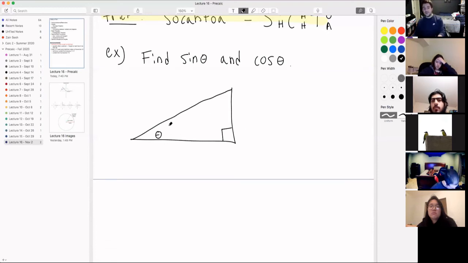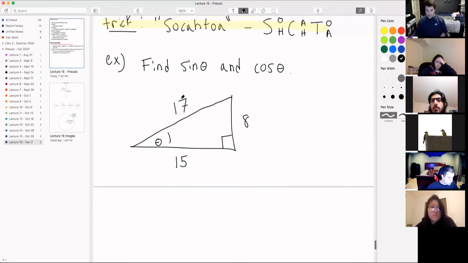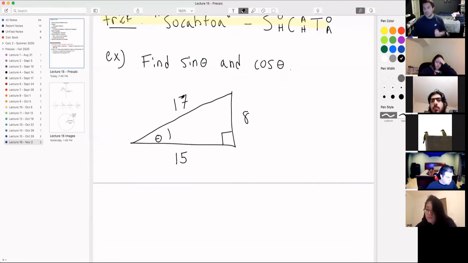So here's theta, and I have the side lengths 8, 15, and 17. Good. So in order to find sine and cosine, what are the pieces of information that you need? You need the opposite side, you need the adjacent side, and you need the hypotenuse.